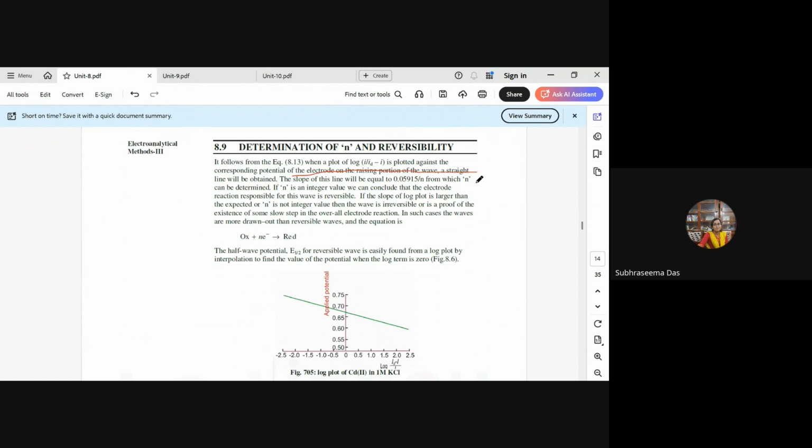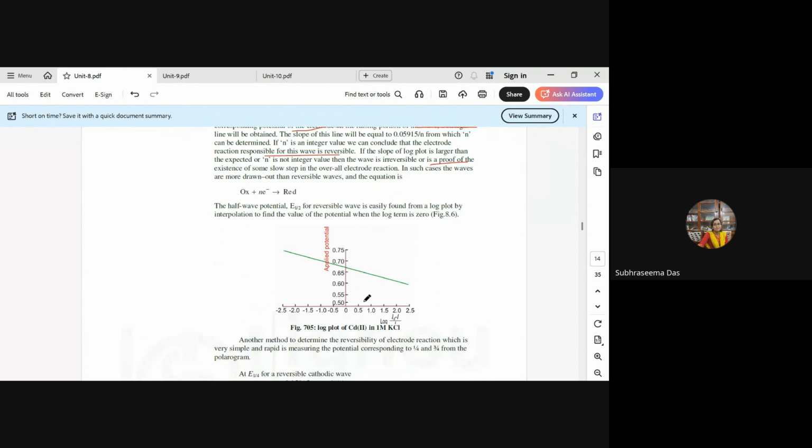If n is an integer value, then we can conclude the electrode reaction responsible for this wave is reversible in nature. If the slope of the log plot is larger than expected or n is not an integer, then we can say the wave is irreversible or is a proof of the existence of some slow step processes.